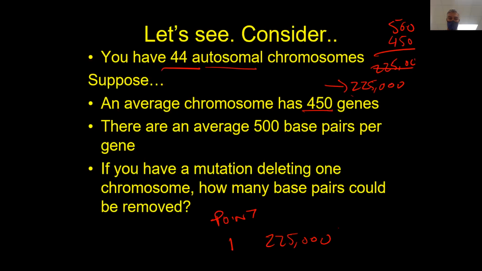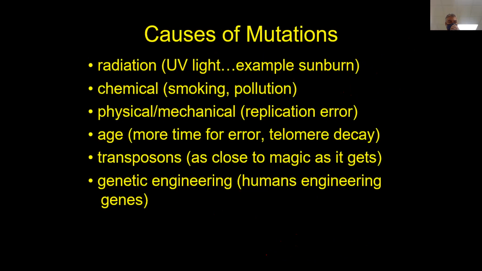And remember, you've got to divide these by 3 because there's approximately 3. So whatever that number is, we're talking about tens of thousands of bases that are going to have changed. So what is going to be greater? Well, tens of thousands are going to be greater than 1. So yeah, chromosomal mutation is probably going to be a bigger deal.